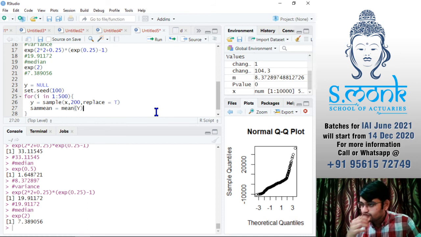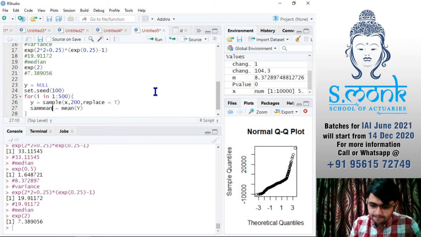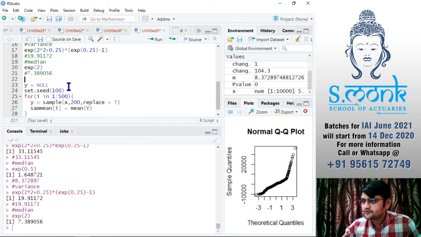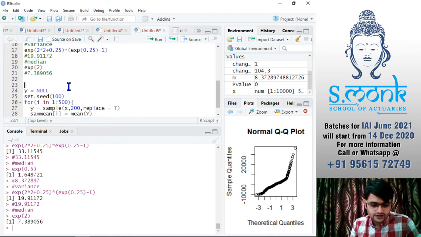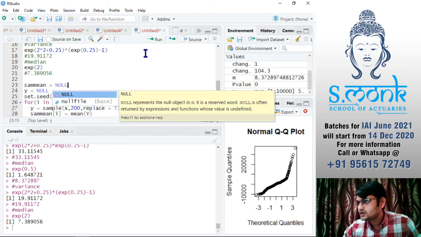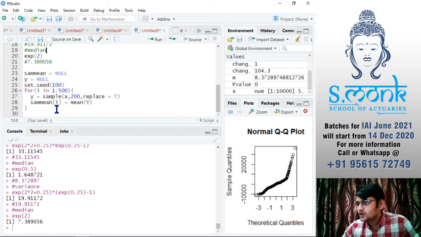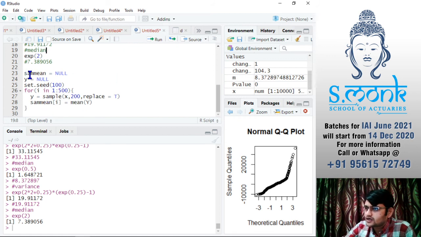Now we want to store all the sample means in this, so I will store it in each value of i. I will again define sam mean above, so I'll say sam mean will be equal to NULL. This is how we will be creating sam mean, that will be our sample mean for all these 200 values.